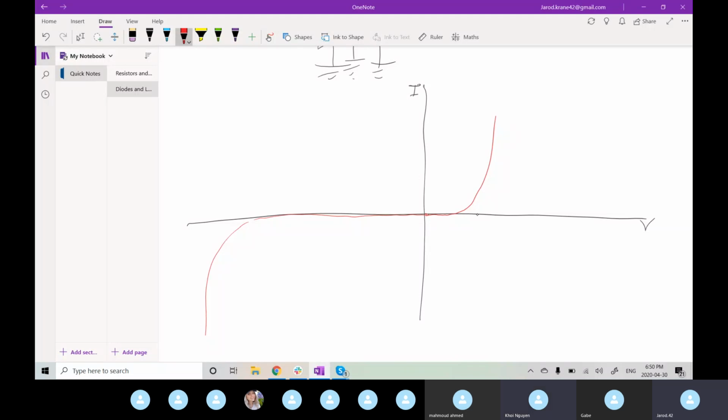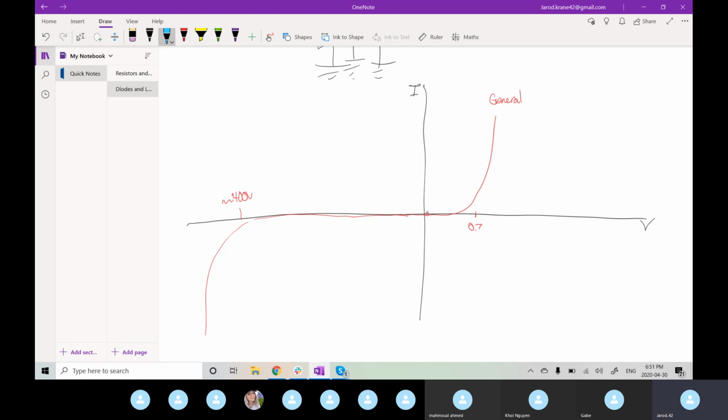So you'll see at 0.7 volts, if this is your general diode, and then at some couple hundred volts, you'll see that for the most part in the negative region, it'll allow no current flow. And then past 0.7, it's free to conduct as much current as it wants to.